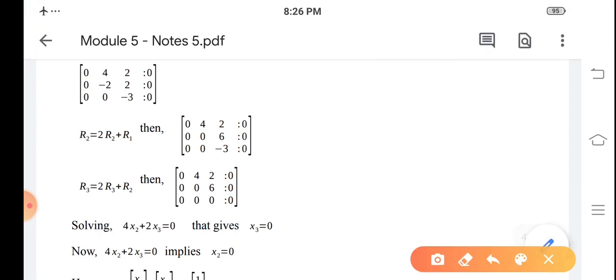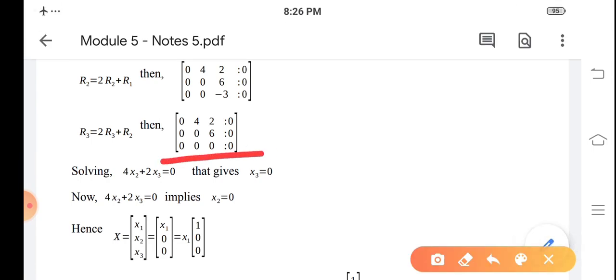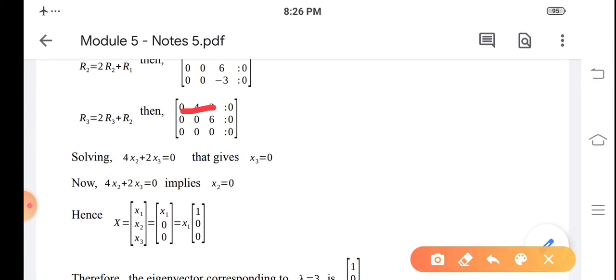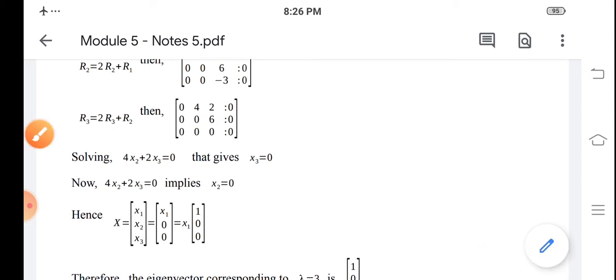So one more row operation is required in order to get the echelon form. We write the row operation for the last row as R3 equal to 2 times R3 plus R2. Now we are getting 0, 4, 2 | 0; 0, 0, 6 | 0; 0, 0, 0 | 0. Here 4 is a pivot element and 6 is a pivot element.